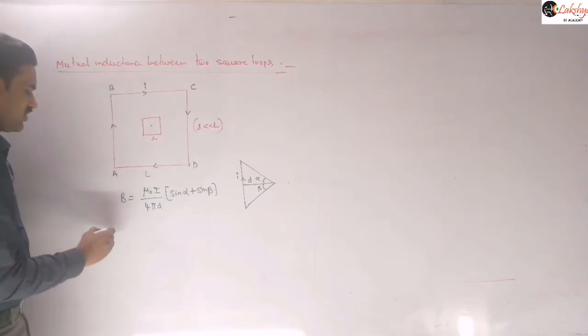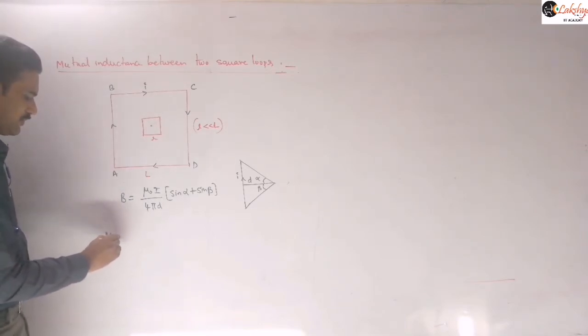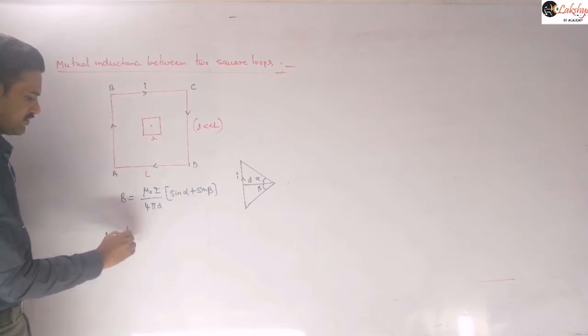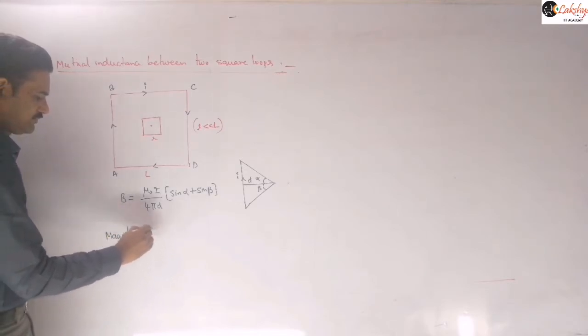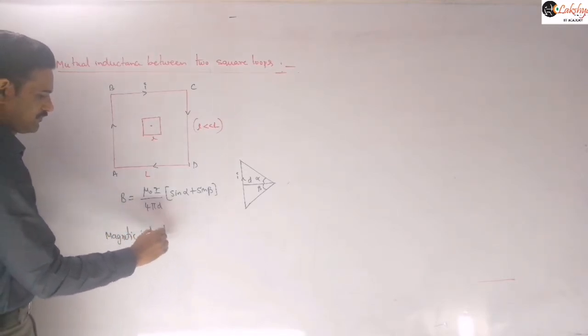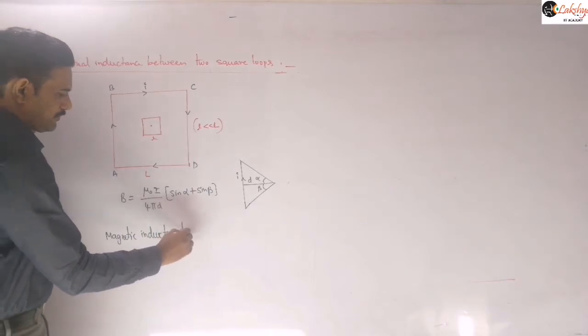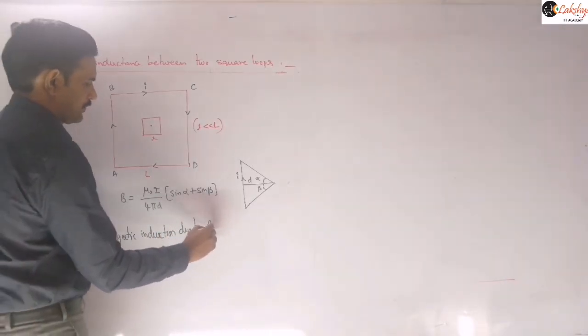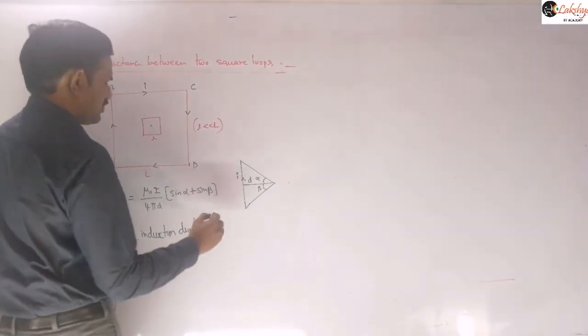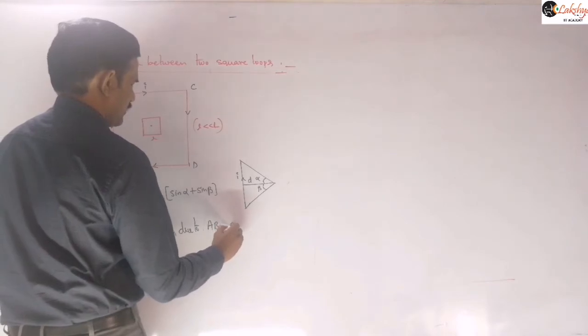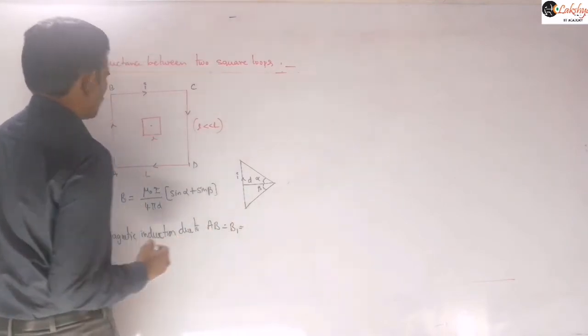So the magnetic field due to one side, the magnetic induction due to AB, I am taking as B1.